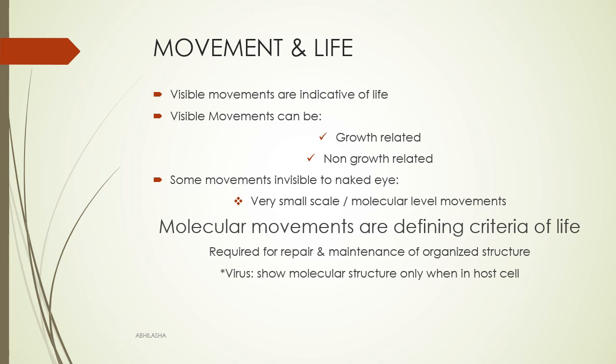But even then, your body is undergoing a lot of movements. There are a lot of movements occurring at the tissue level, at the cellular level. These very small scale movements, which can even be molecular level movements, are the defining criteria of life. One of the examples is cytoplasmic streaming.